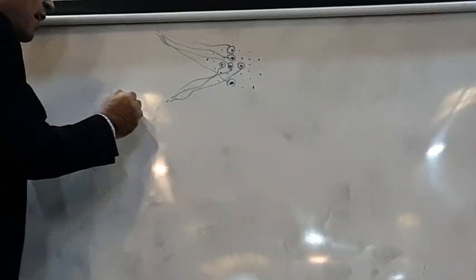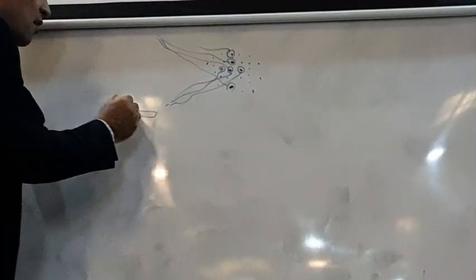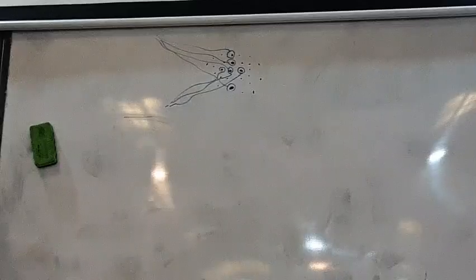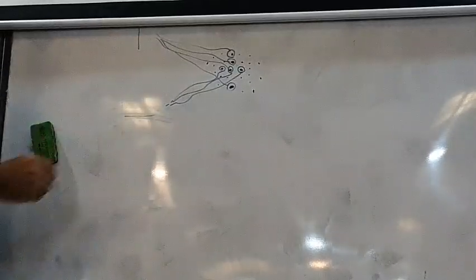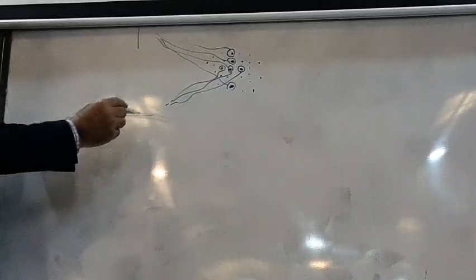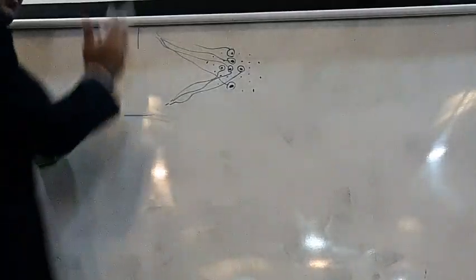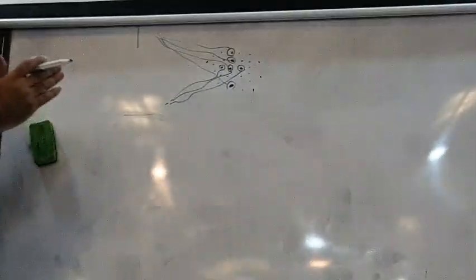Therefore, we have a shape like this, and a shape like this. We do not say 3 points. We say a line that was horizontal, a line that was vertical. Okay?